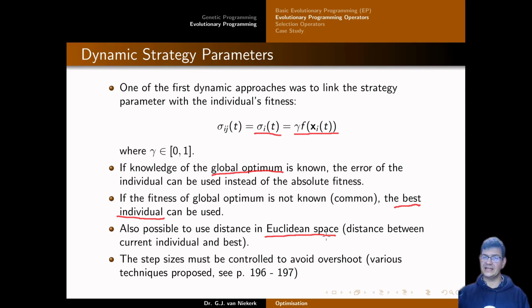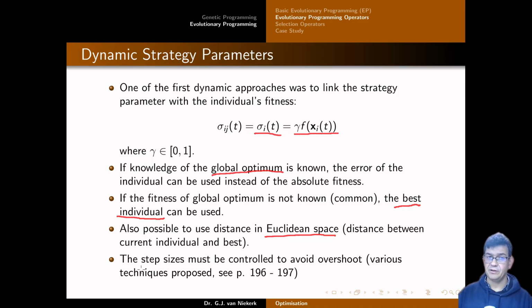So if individuals are clumped together in the same area with a similar fitness, then they will make smaller jumps. But if another individual is far away and it has a low fitness, then you use that long distance between that poor individual and the fittest individual to determine how much perturbation you would allow in its offspring, because its strategy parameter would be larger.